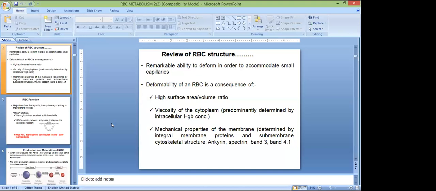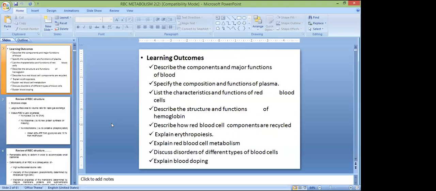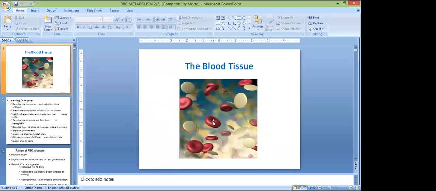Then there's a unique thing about RBCs, and that is the unique ability to deform in order to fit in small capillaries. So imagine this RBC of yours. It passes through arteries, so it can be like this, but eventually when it reaches your microcirculation, the vessels are not big enough to accommodate this size, so it has to squeeze through, right?